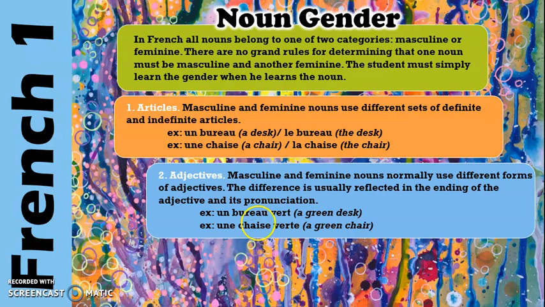And not only does it look different, but that E gives me permission now to pronounce that T that was silent. So in this case, they look different and sound different. Un bureau vert, une chaise verte. So, as you can see, if you're going to put adjectives with your nouns, which you most likely are going to want to do at some point, you've got to be aware of what the gender of the noun is.